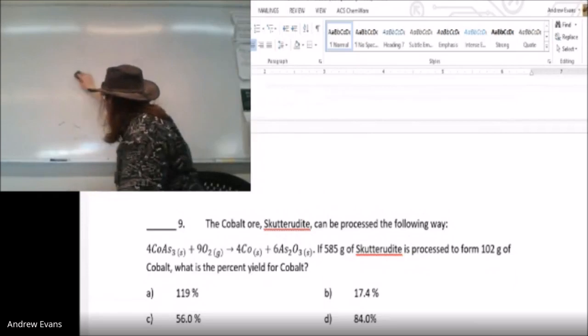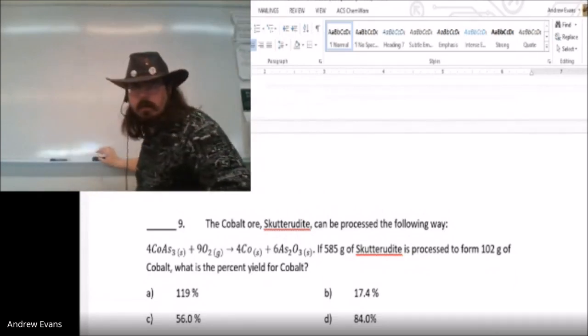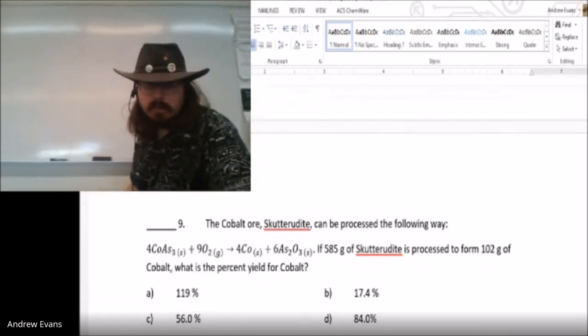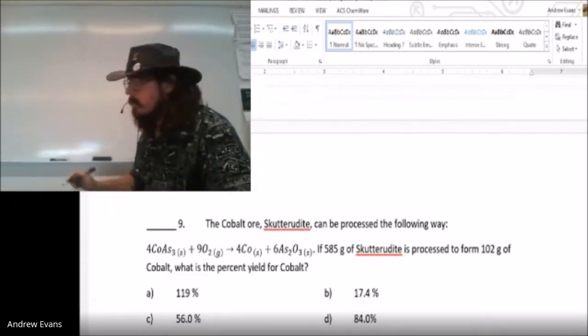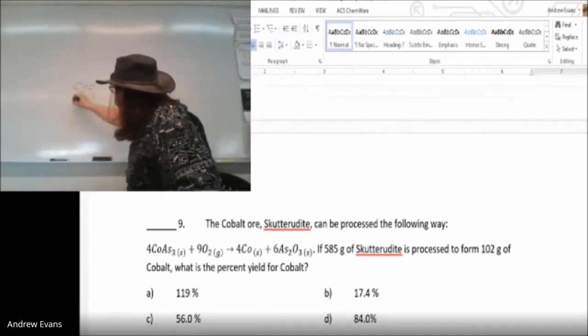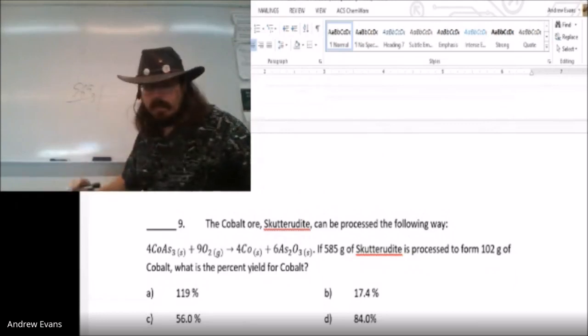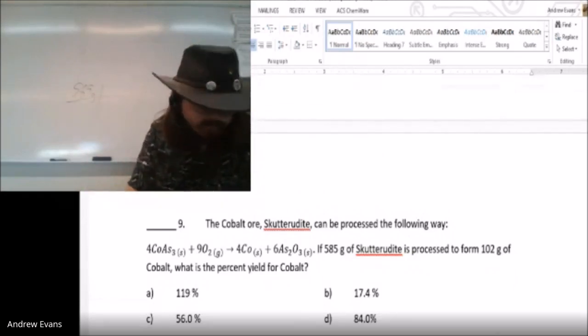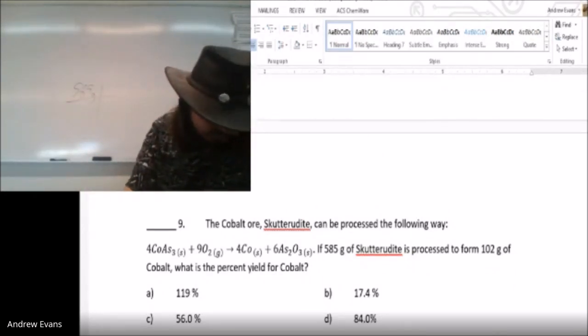It's a percent yield problem. So we have to turn cobalt arsenic into cobalt and figure out the theoretical yield. So starting with 585 grams, what is the molar mass? This is a little hard one because we have 2 compounds we don't usually use.